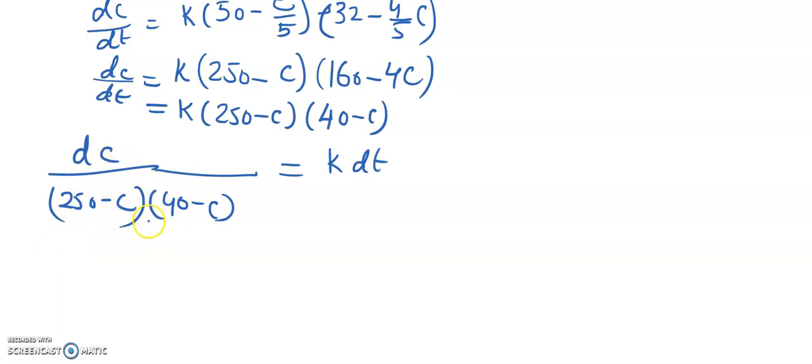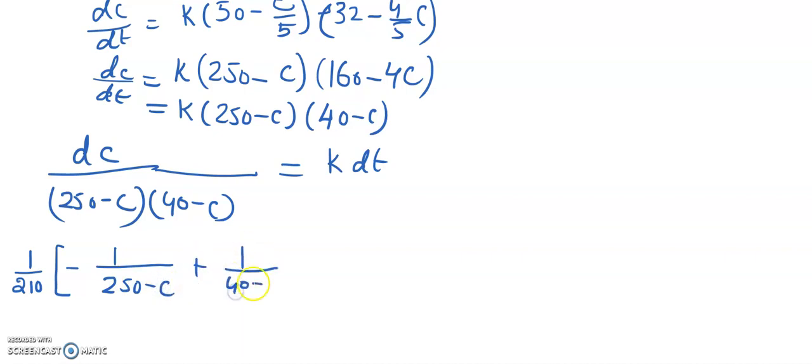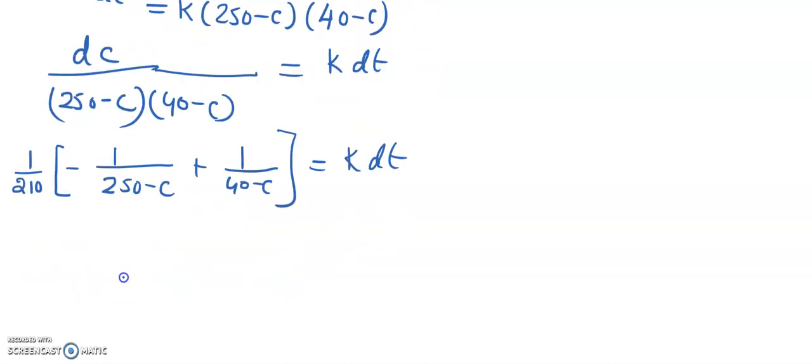Okay, so if you apply partial fractions, then you will get 1 over 210 times minus 1 over (250 minus C) plus 1 over (40 minus C), k dt, by partial fractions.